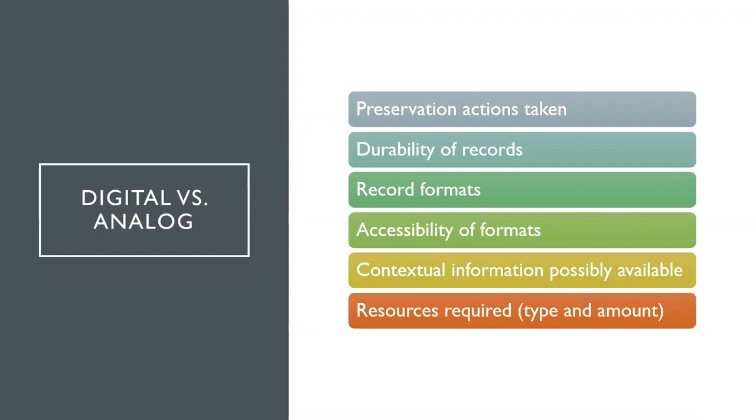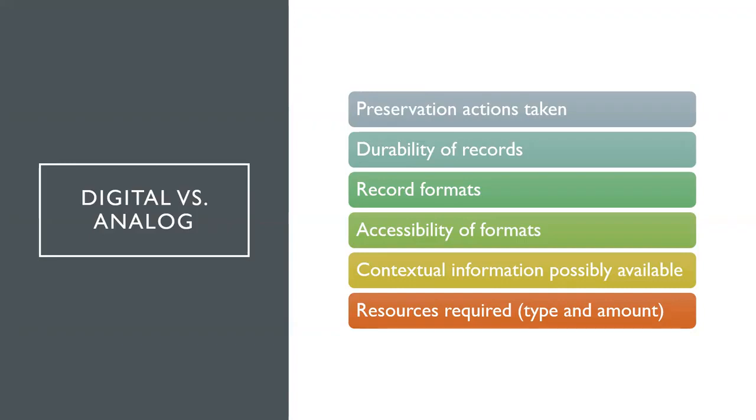And because digital records can be so frail, archivists need to intervene and take actions to preserve electronic records more frequently than they do with analog records, again, typically speaking. So the amount of interventions is more than with analog records.